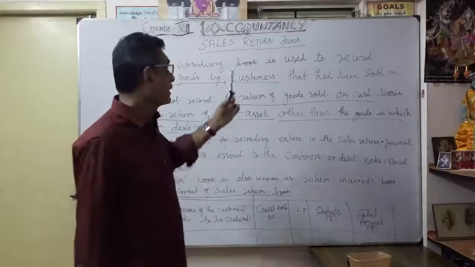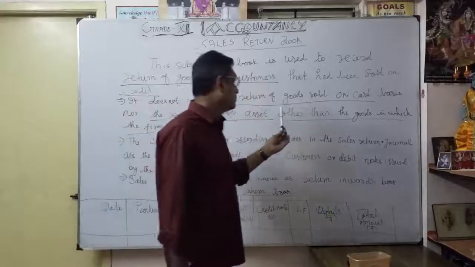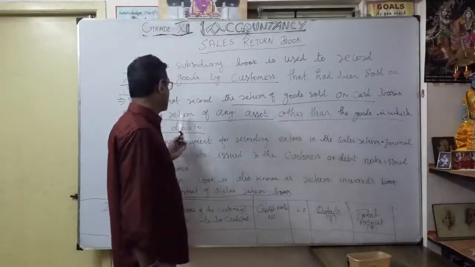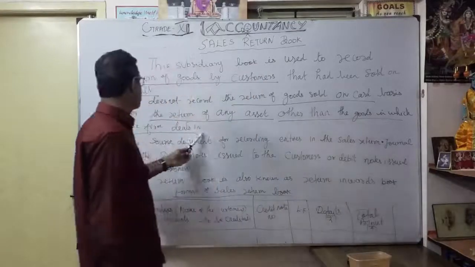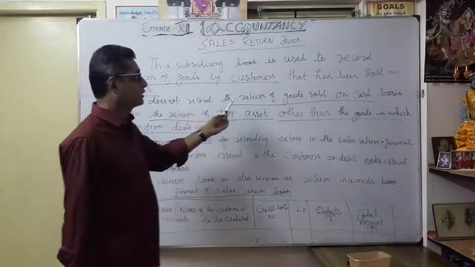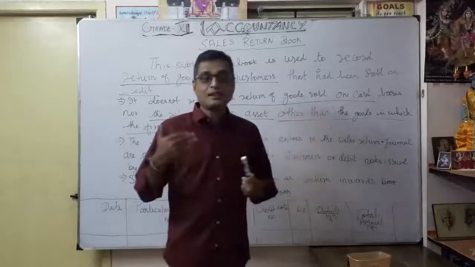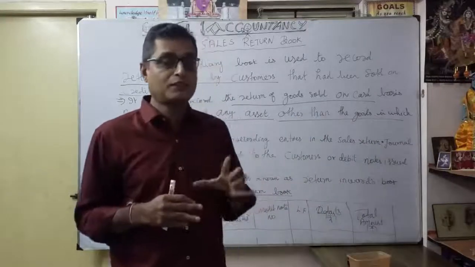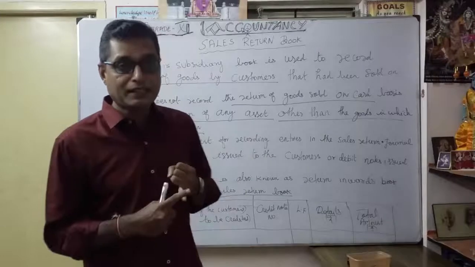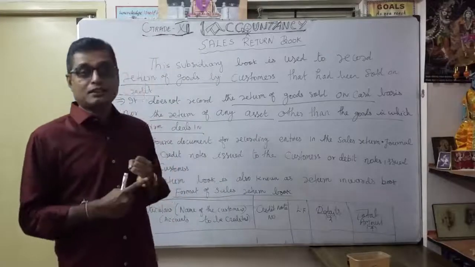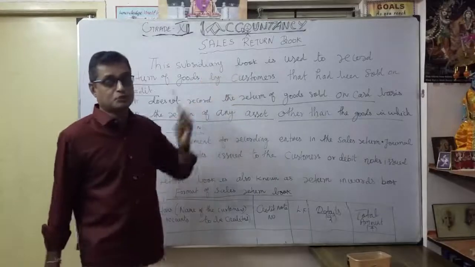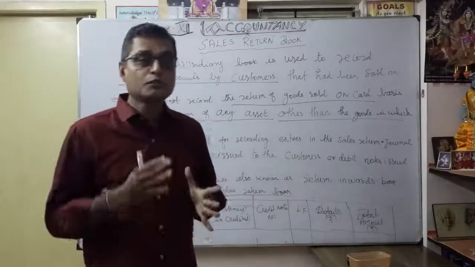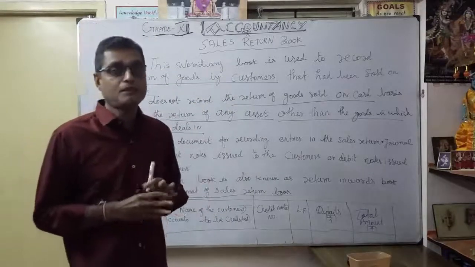In the same manner, under the sales return book, you do not record the return of any asset other than the goods in which the firm deals in. It does not record the return of goods sold on cash basis or any assets. Any cash sales and any return of assets, we need not enter in the sales return book. That is a very important point. You should know what should be recorded and what should not be recorded in the sales return book.